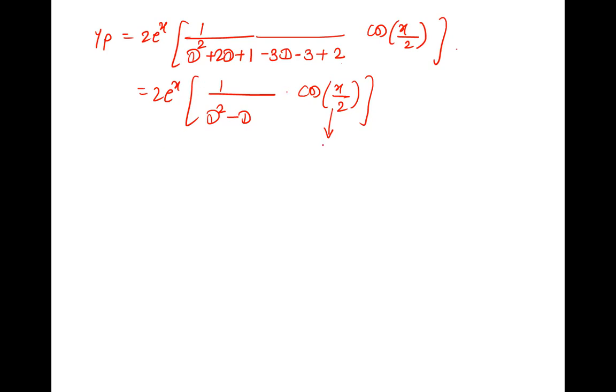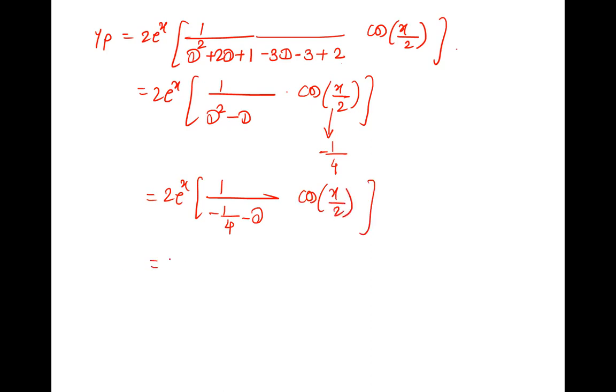A is 1 by 2. Square of it first, 1 by 4, and then negative. Perfect. So it is 2 e raised to x, 1 upon (D squared is minus 1 by 4) minus D, on cos x by 2. And then we need to rationalize directly.